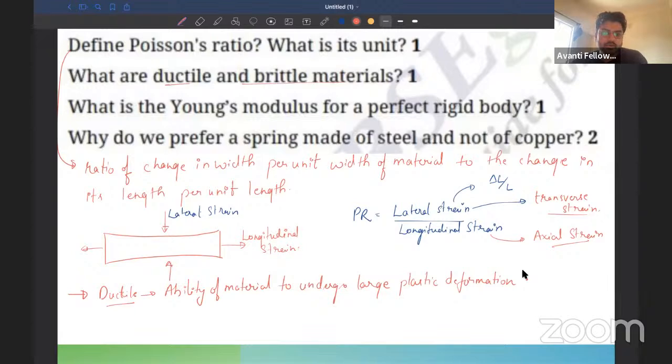ठीक है. What are brittle materials? Brittle material तो बहुत simple है, right? If you give stress to a material and it breaks without any significant plastic changes, then it is brittle material. इधर ही लिख देते हैं brittle material.